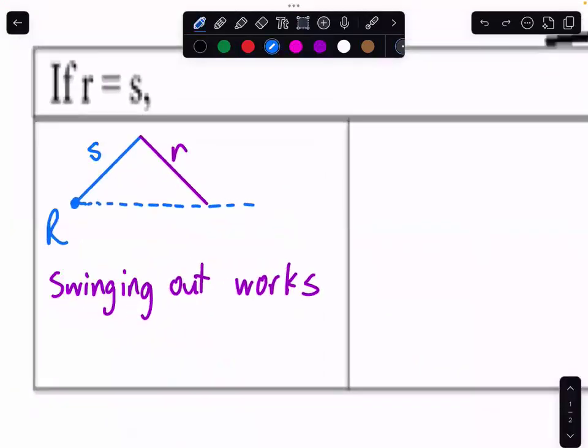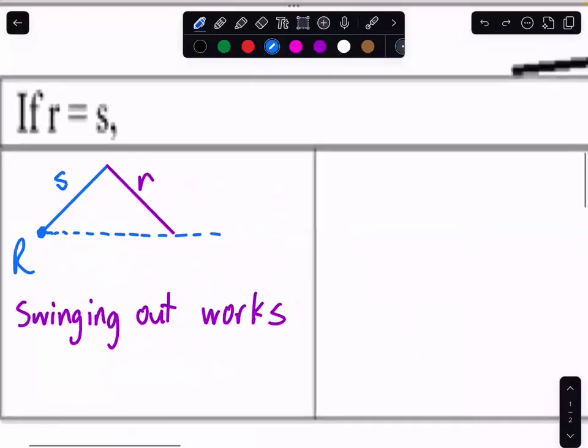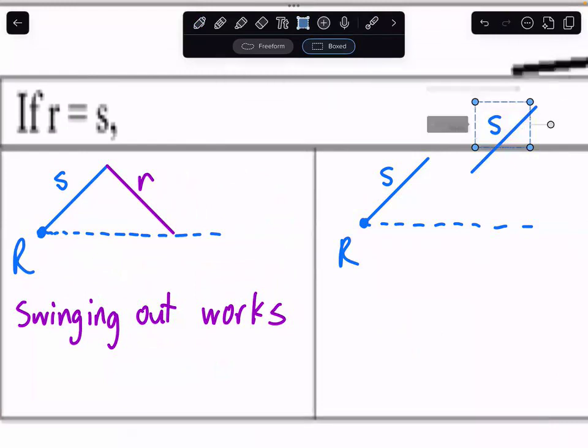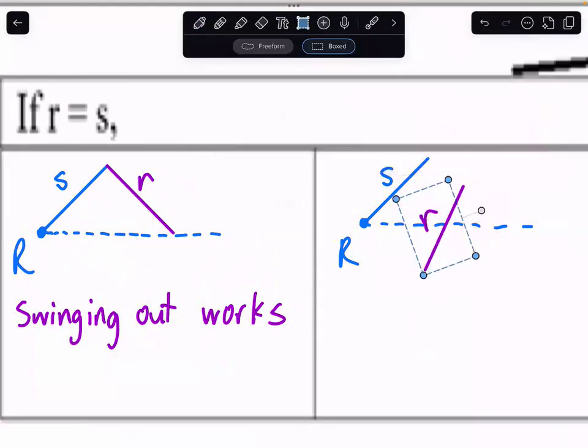Now we're going to try swinging inward. Yet again, let's set up the given info. If you go straight downward, it's too long.